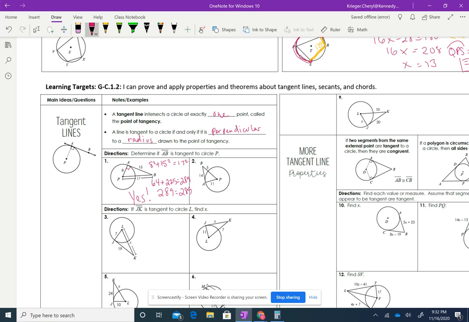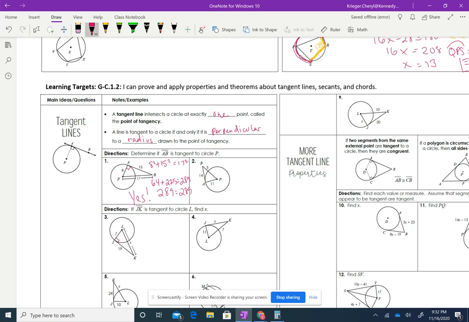Okay, so for number 3, if JK is tangent to circle L, find x. Okay, so we're going to assume that JK is tangent to circle L, right? And JL would be the radius. Let's find x.